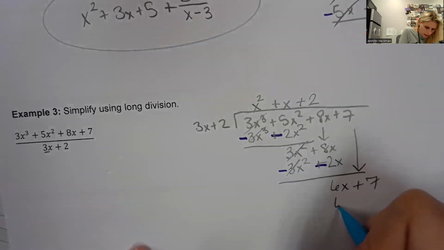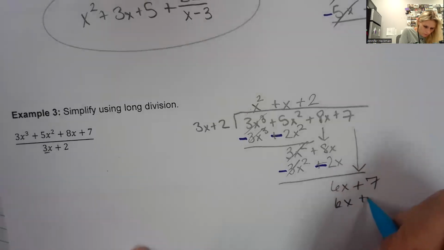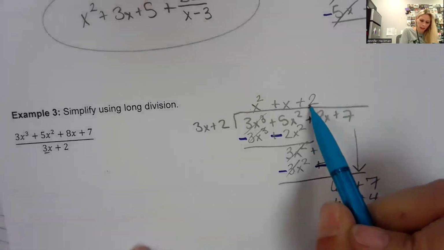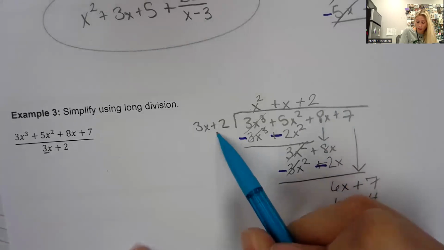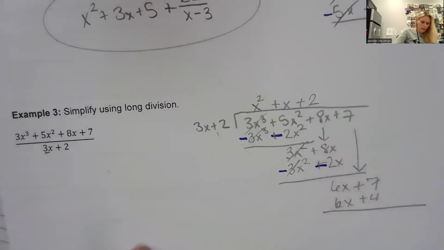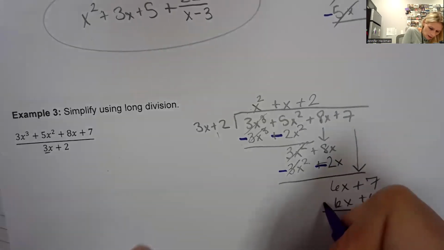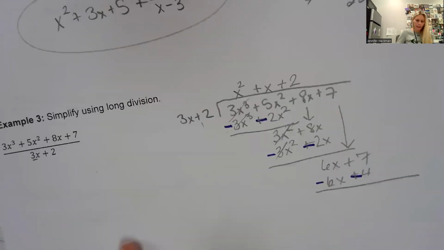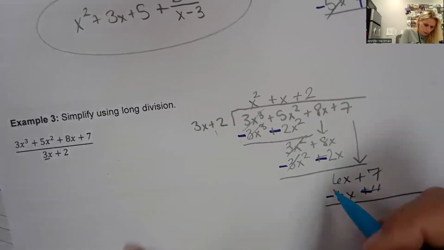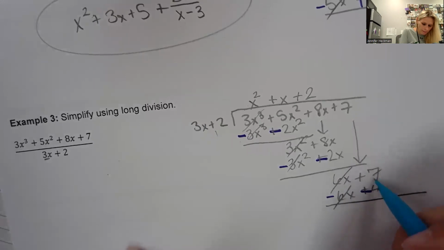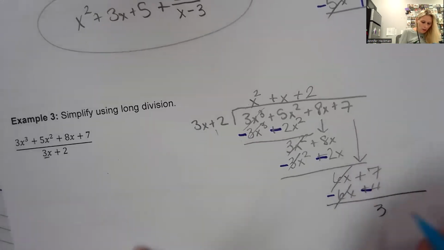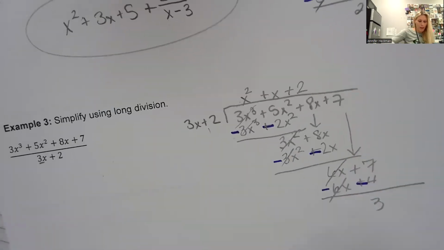So we get 6x plus 4. Again, I'm multiplying that 2 times the binomial here. Okay, change my signs so I can add. These two cancel, and that's great. And 7 minus 4 is 3. Okay, so I have a remainder 3.